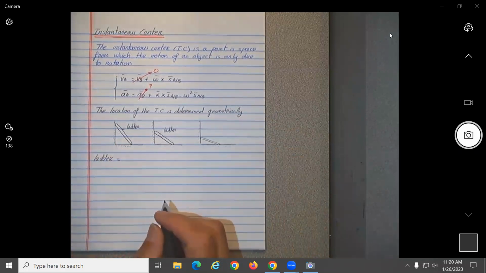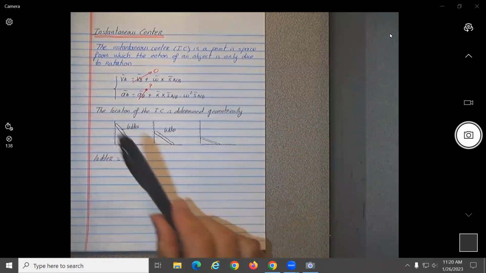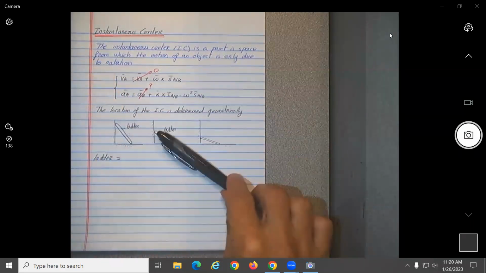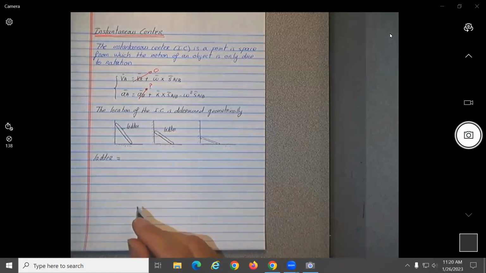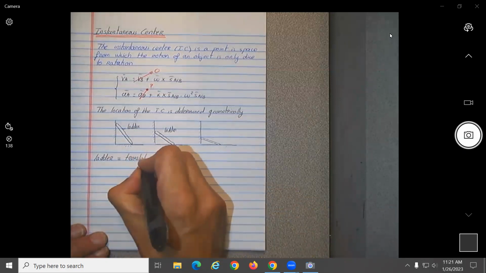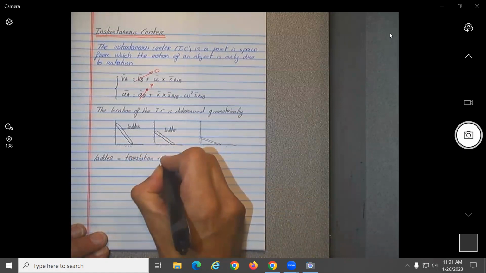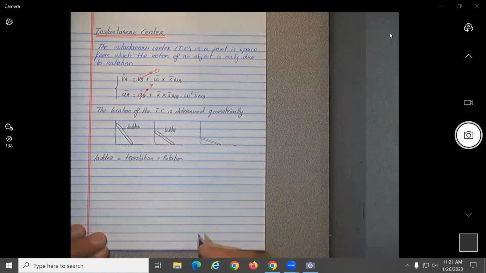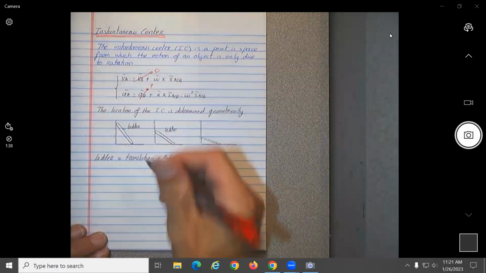So what is the real motion of the ladder? The ladder is supported on the wall and it's going to move in that way. So what type of motion is it having? It's going to have translation plus rotation, no? However, let's say it's sliding down.